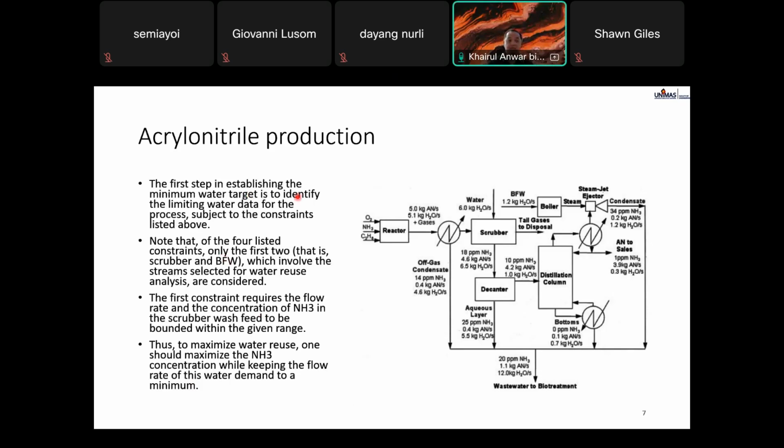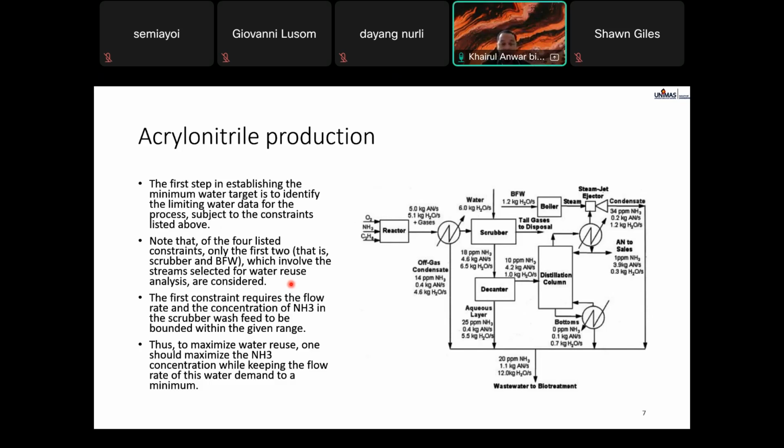The first step in establishing the minimum water target is to define the limiting data of the process subject to these constraints. The data of the flow listed was drawn first, which involves the streams selected for water reuse.